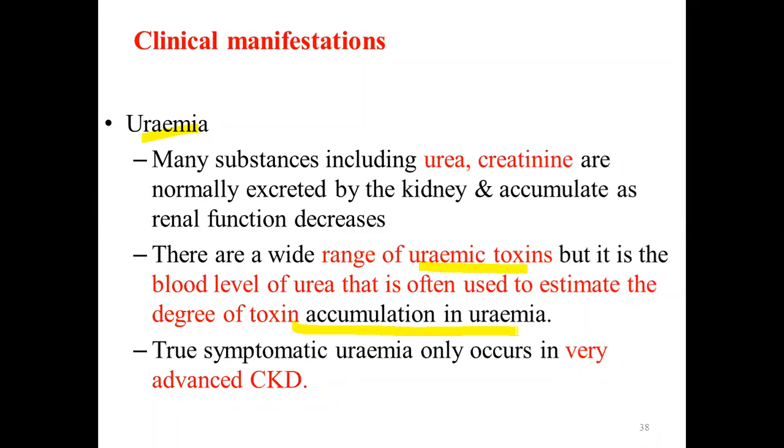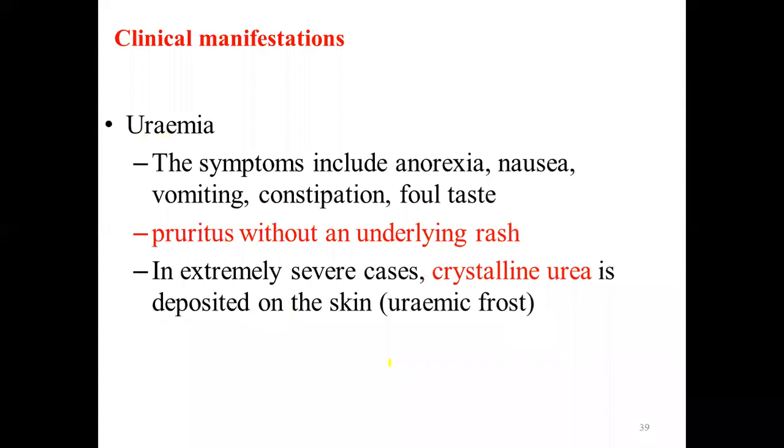So if the blood urea nitrogen level is very high, we can say the patient is having a lot of uremic toxin, because this is an indirect measure of the toxin available in the body system. And mostly the patient has symptomatic uremia in very advanced stage of the disease.